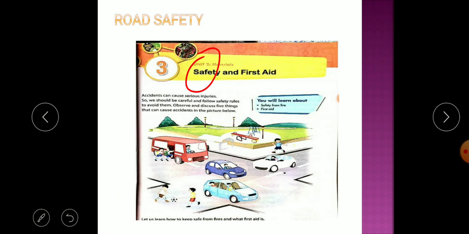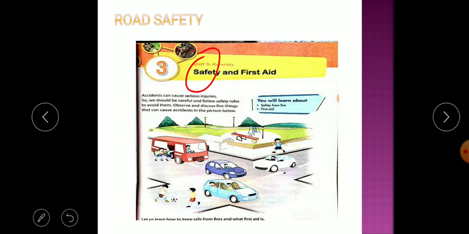And it is very important that we follow certain safety rules whether we are at home or outside, because if we do not, it can cause accidents. And as you all know, accidents can cause serious injuries. So, in order to avoid that, we should be careful and follow safety rules.